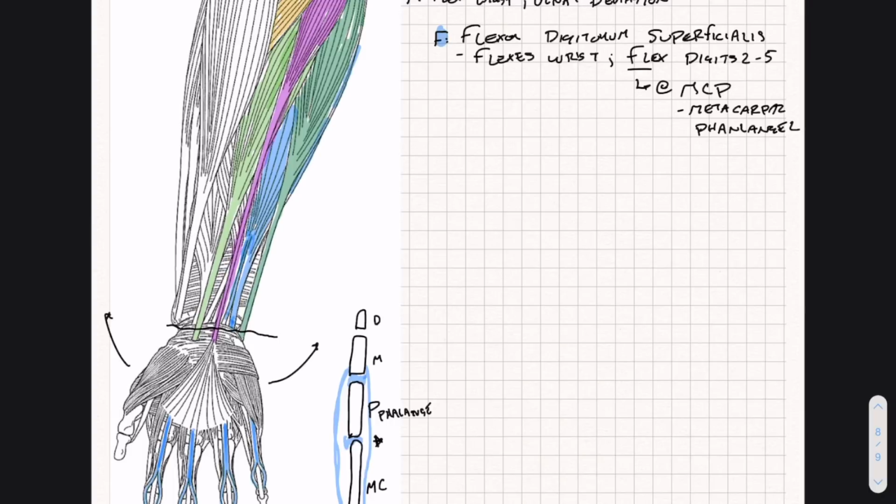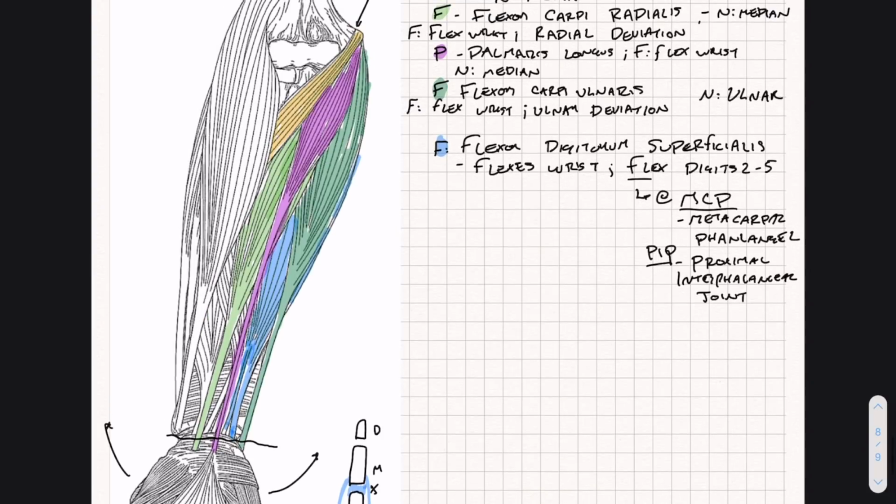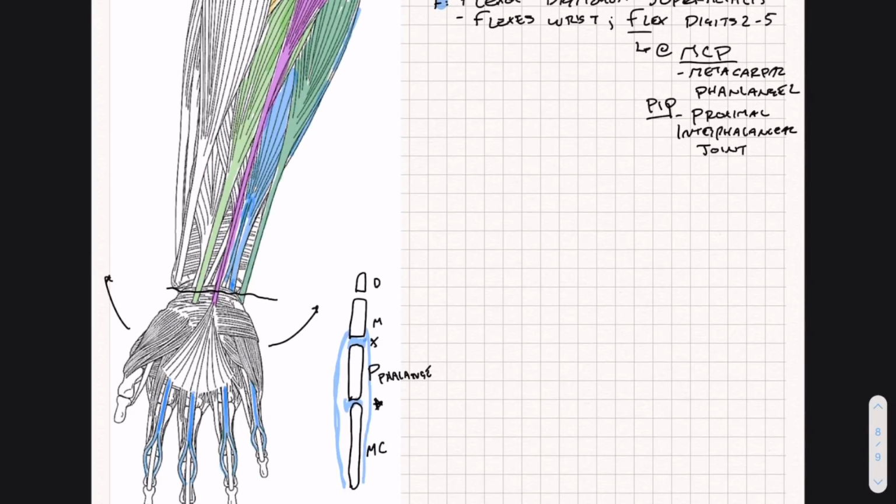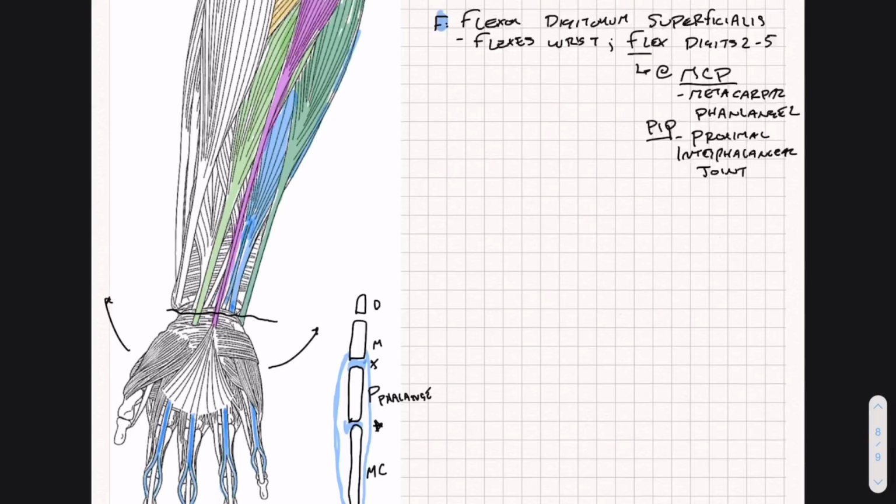And then it also will flex at the proximal interphalangeal joint, which is right here. So the superficialis doesn't act on that distal interphalangeal joint. Sometimes you'll hear these, so you have the MCP and then you have the PIP for proximal interphalangeal joint. That's what that refers to. Okay. So there's your superficialis.